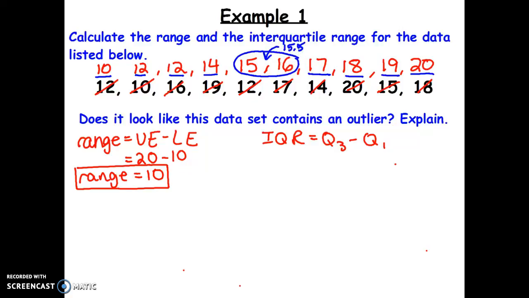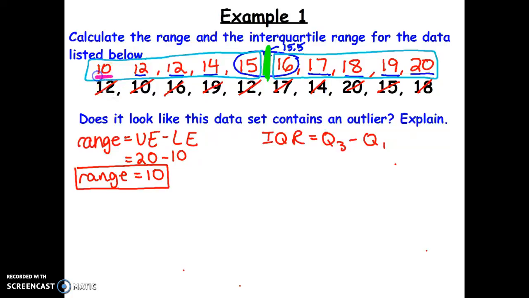Now, once you find the middle of a data set, draw a line through that median. That way we can equally split our data in half. And now we see that half of our data is right here, and the other half of our data is right here. Now, to find the Q1, we have to find the median of this first half of data.